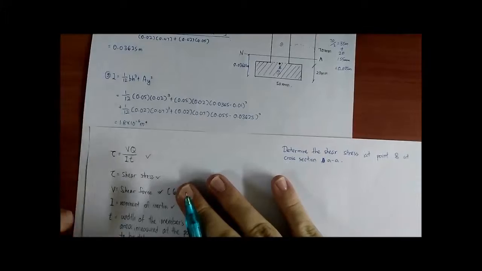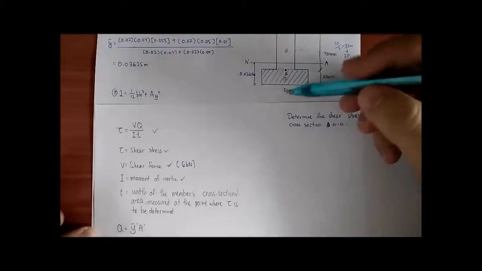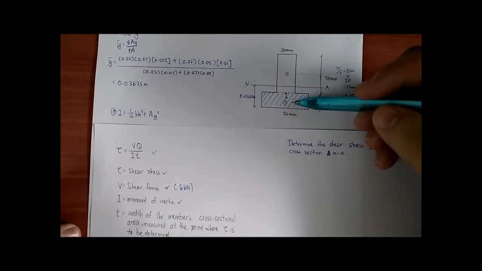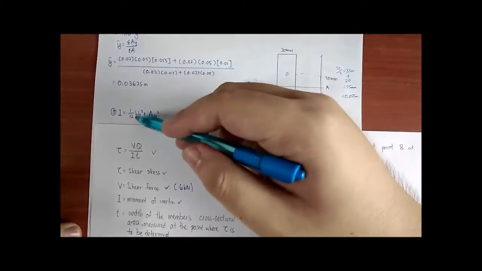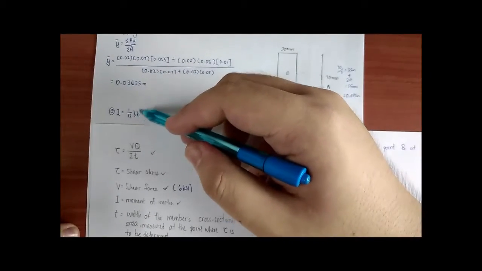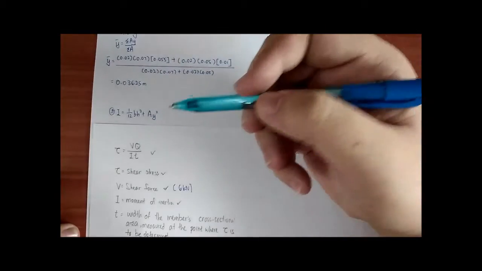Okay, for the third one, we need to calculate the moment of inertia. So the formula for moment of inertia for a rectangle is 1 over 12 bh cubed plus A y-bar squared.